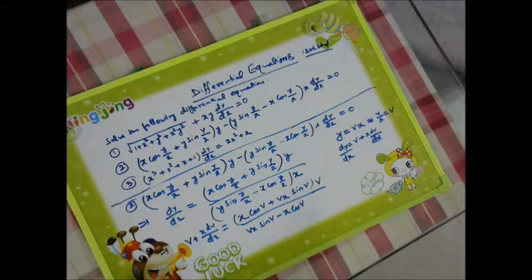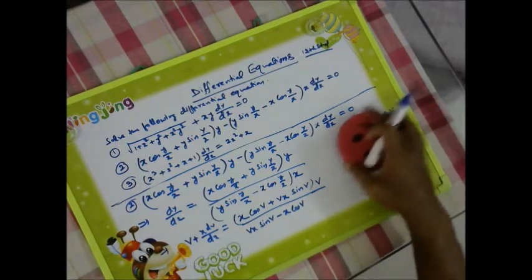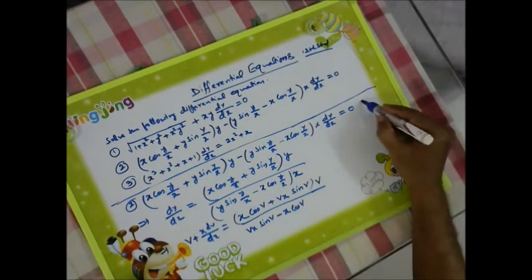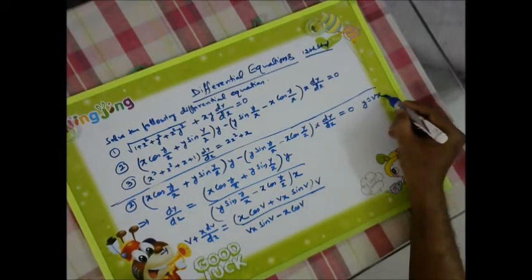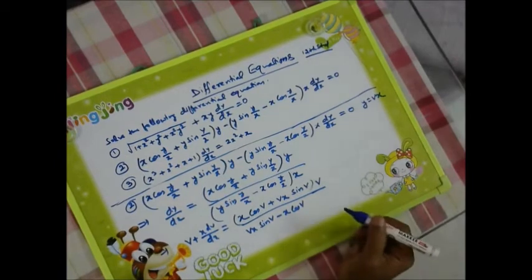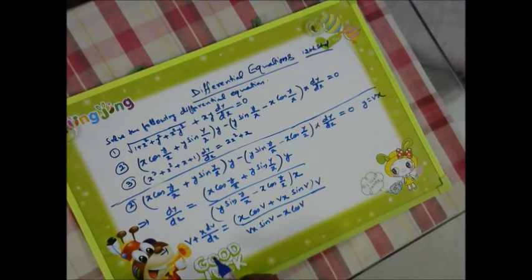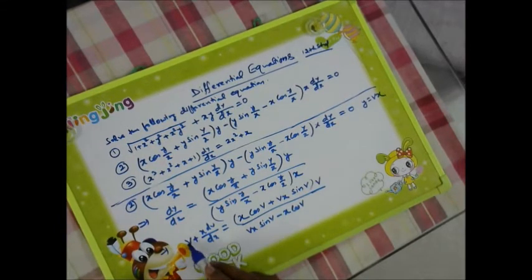Further, I will rub this side, and I will write here that we have taken y is equal to vx. Now further what we will be doing, we will bring this v to this side.